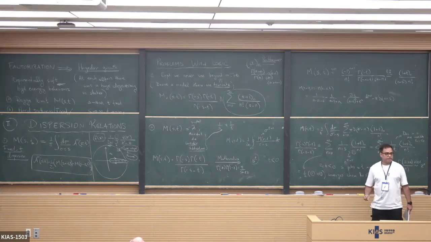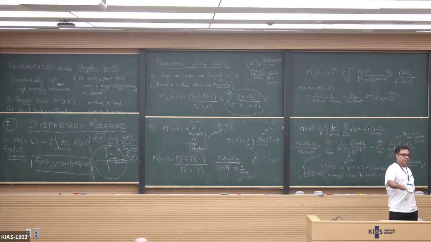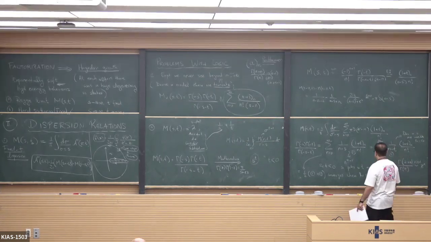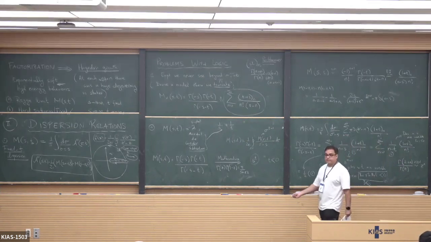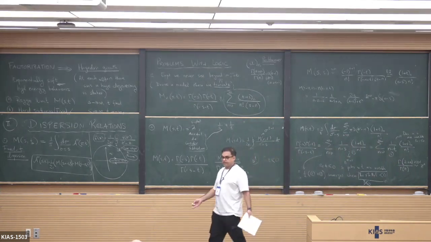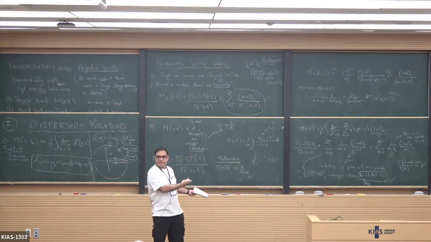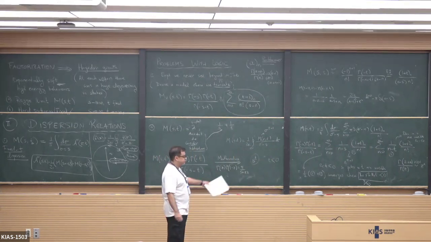But that's not interesting, because the poles in both the variables are invisible in that representation. So you don't see the poles in this representation. If you check this, you will see that you get an agreement with the gamma function provided your S and T satisfy that constraint.